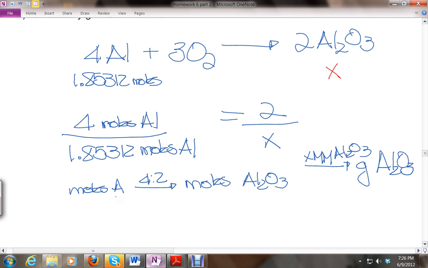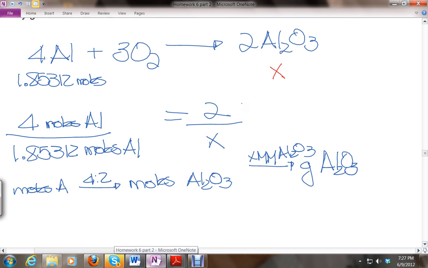So let's finish this, the x here. And x would be, and this is moles of aluminum oxide.